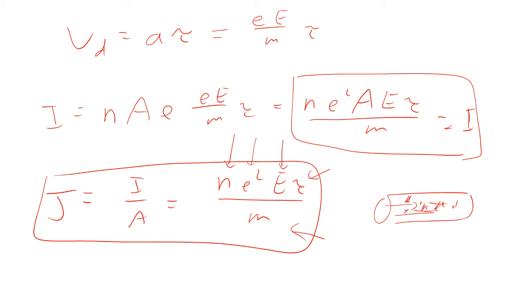Okay. And so what we do is we solve here for the electric field. And so the electric field in here is going to be equal to J times m over n e squared tau. Okay.